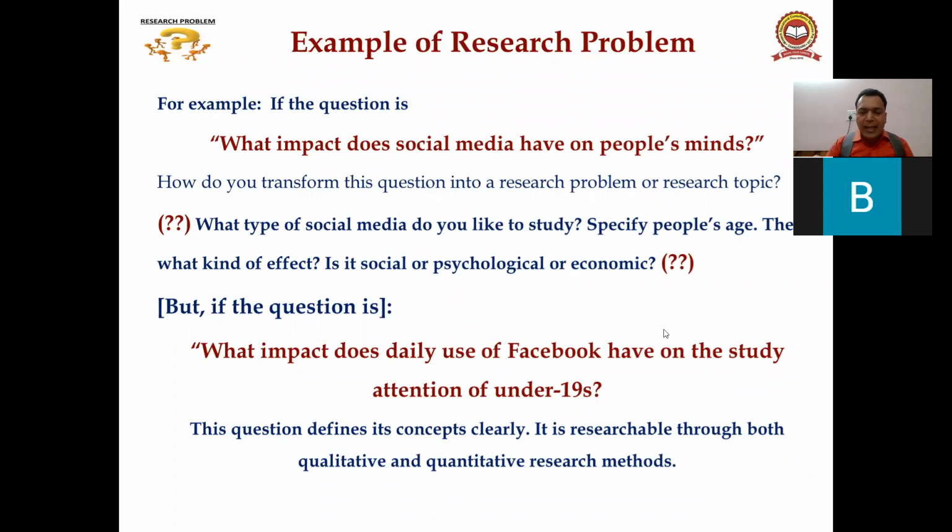But when I refine and filter this statement by writing, what impact does daily use of Facebook have on the study attentions of under 90s, it has become my research problem, because I have filtered it.